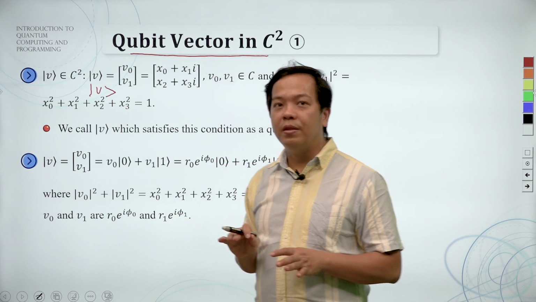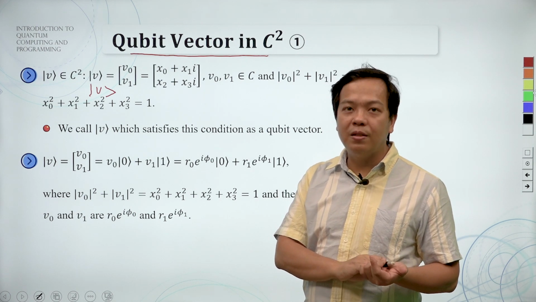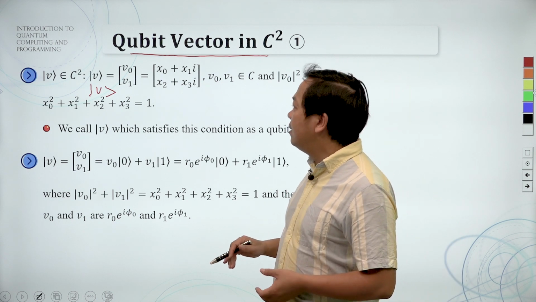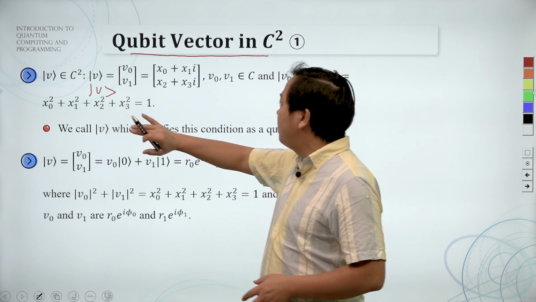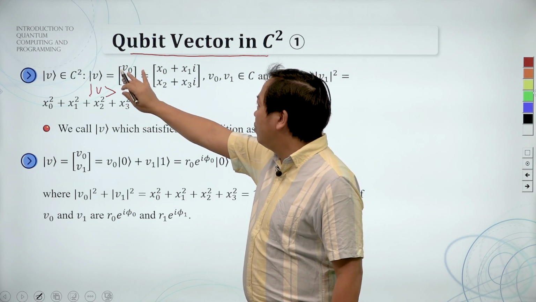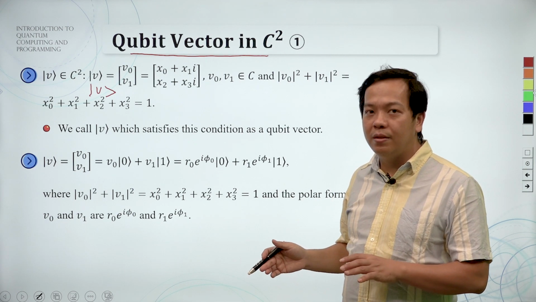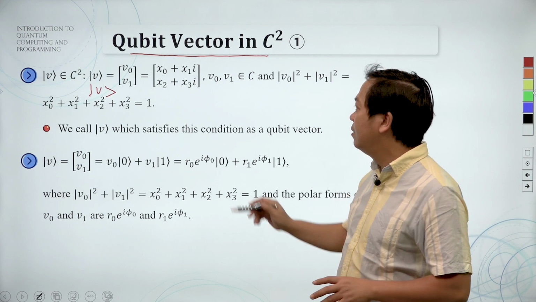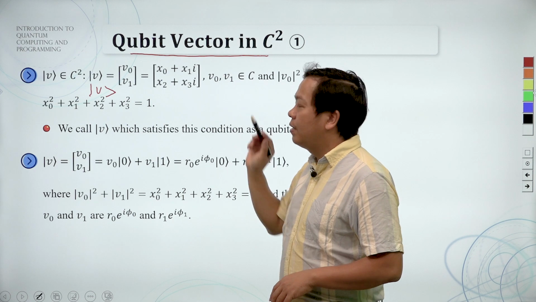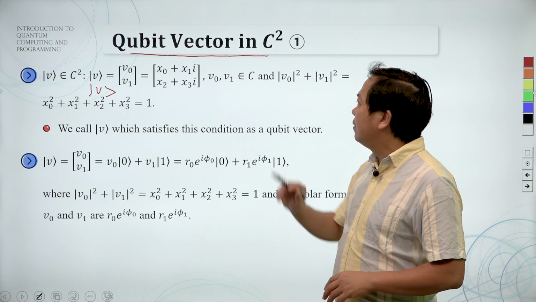Remember, when you see this kind of notation, it means the qubit vector, and that's the basis for quantum computing. The qubit vector v equals v1, v2, two elements, and these two elements we need to represent as complex numbers: x0 plus x1 i, and x2 plus x3 i.